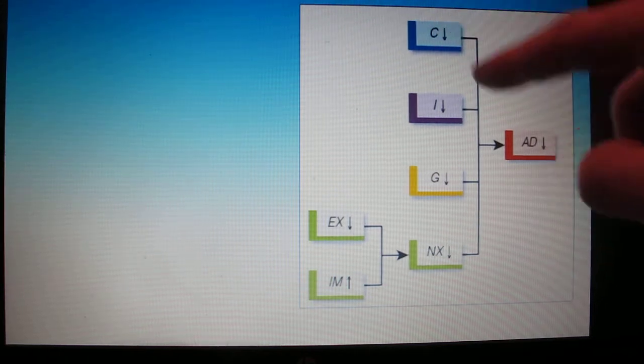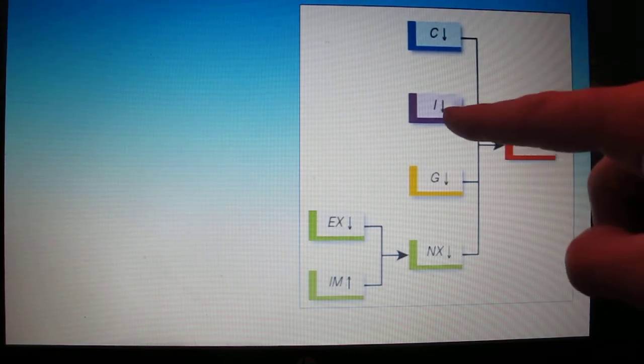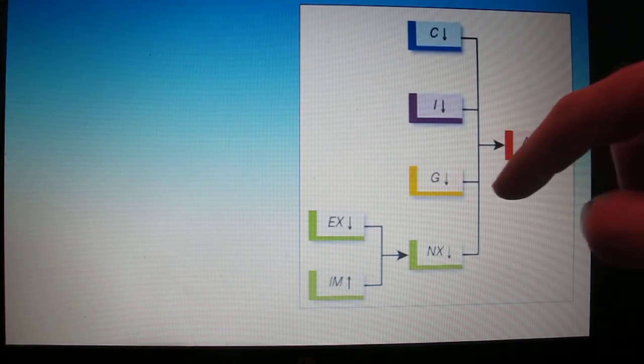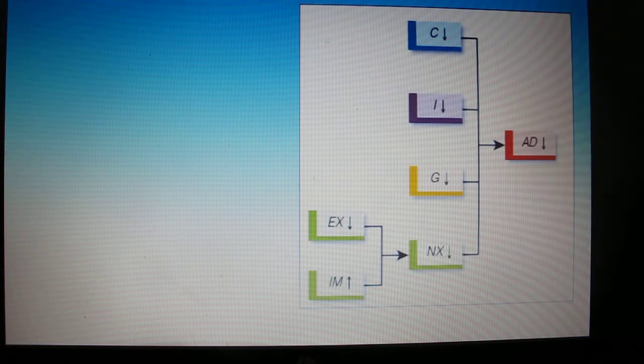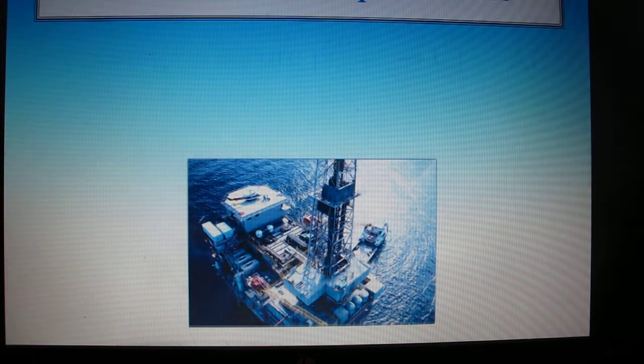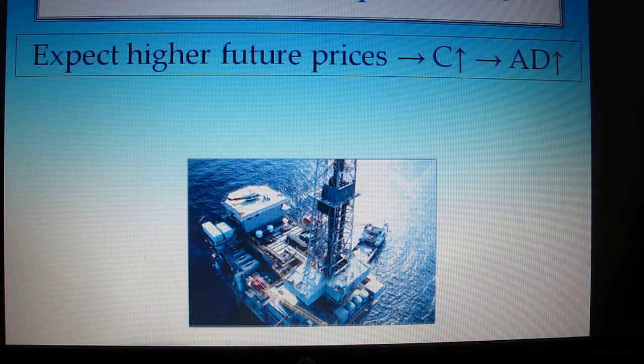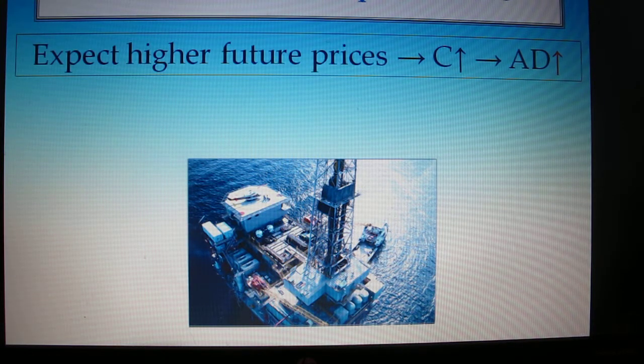So, if consumption falls, for example, aggregate demand falls. If investment falls, aggregate demand falls. If government spending falls, aggregate demand falls. And if net exports fall, aggregate demand falls. So, we can go through each of these, but it's going to reiterate what we just talked about.